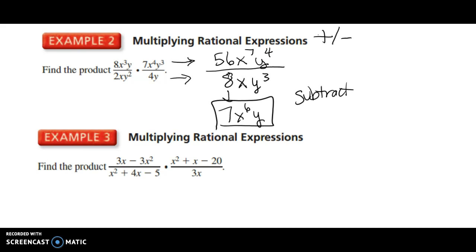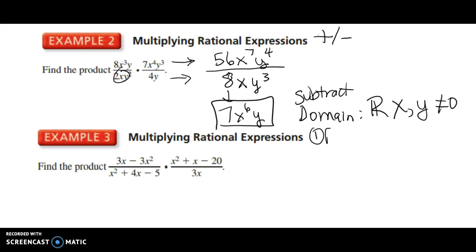Before you simplify, you should also state the domain. And the domain is all numbers except what would make the denominator 0. And we have both x and y in the denominator, so both x and y are not allowed to equal 0. Now let's look at example 3. So the first thing you want to do is factor everywhere.